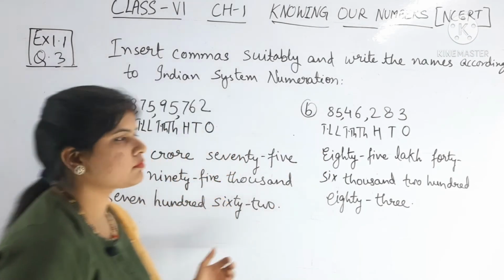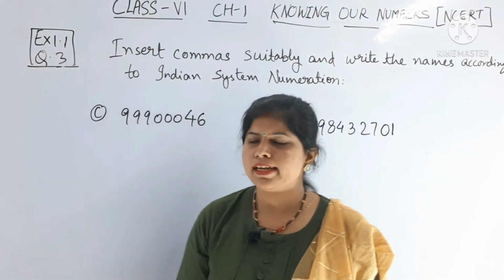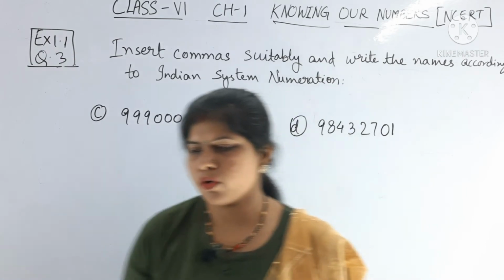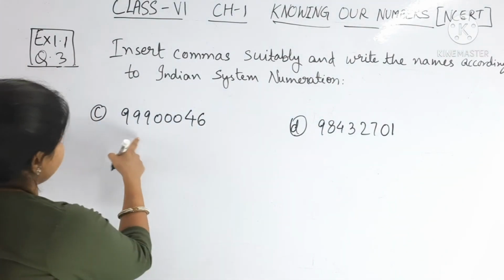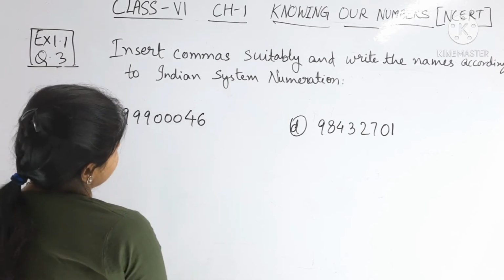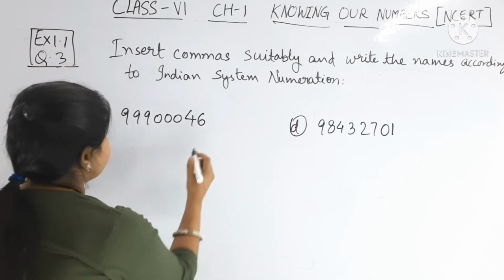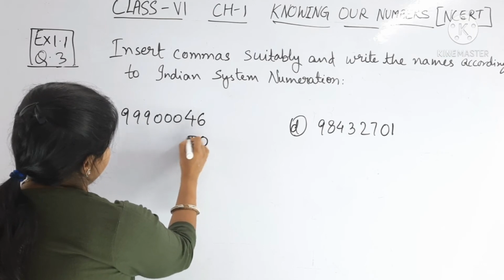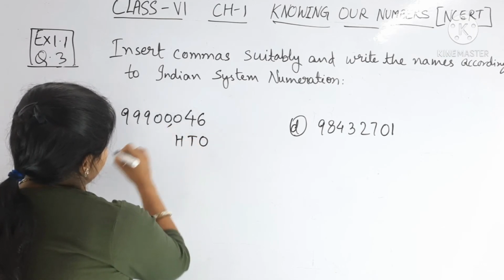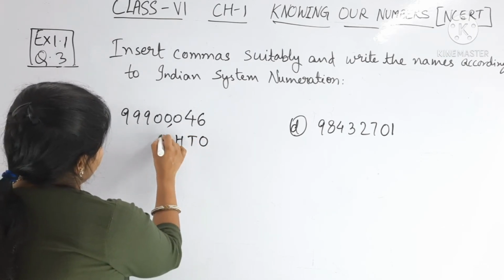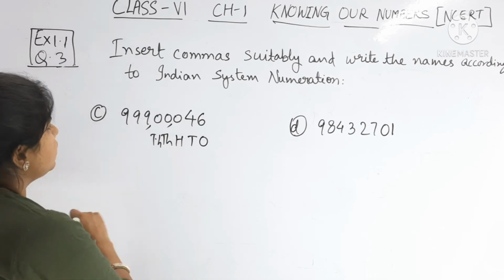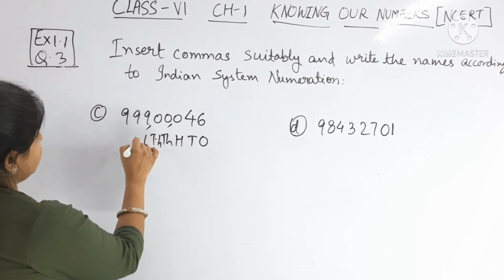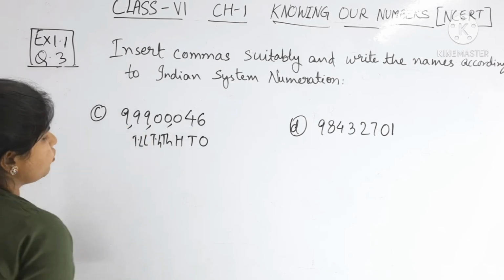Okay, now students, let's move to the C part. Okay, here is 9990046. So by the Indian system we are writing here ones, tens, hundreds. Here I am putting comma. Then 1,000, 10,000, put comma here. Then lakh, 10 lakh. Here you have to put comma.